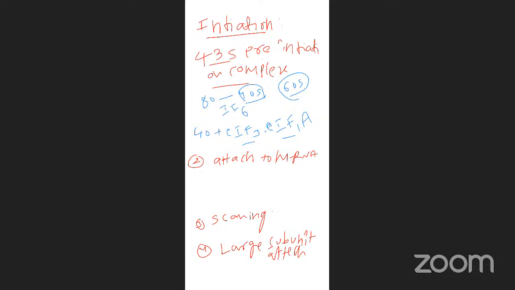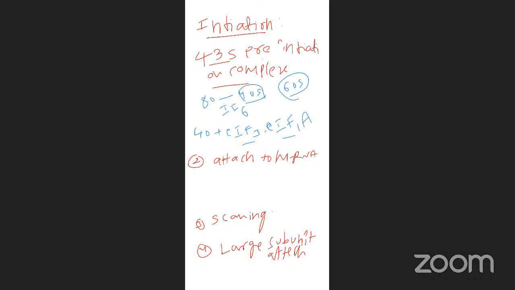The ternary complex is formed. Next, this attaches with the ternary complex. The ternary complex is nothing but simple: the activated tRNA with amino acid is already ready from the first step.